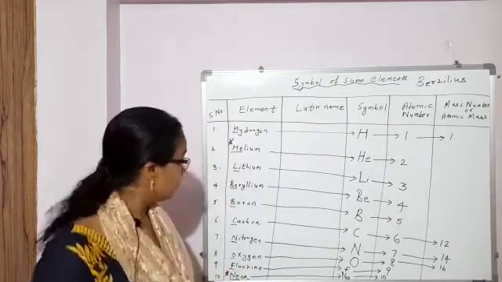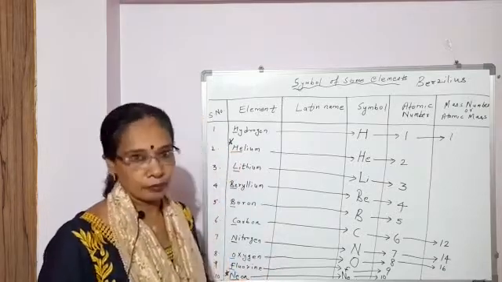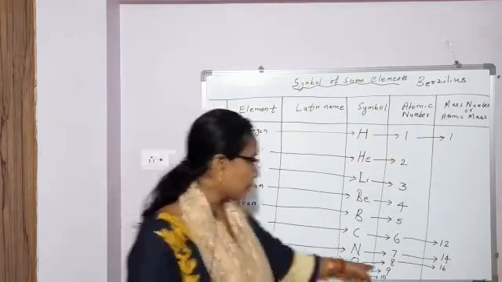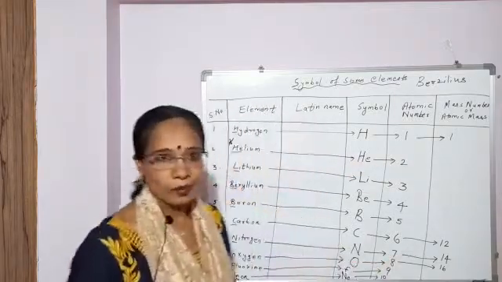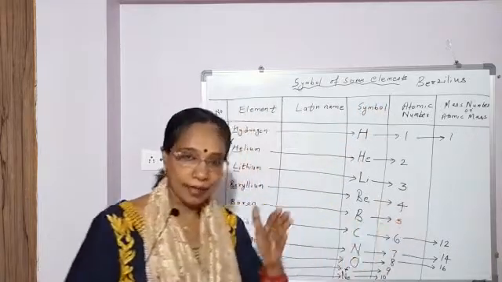And neon is again a noble gas. After helium, neon is the second noble gas. Helium atomic number is 2, neon atomic number is 10. So, atomic number 1 to 10, I have written the elements here.